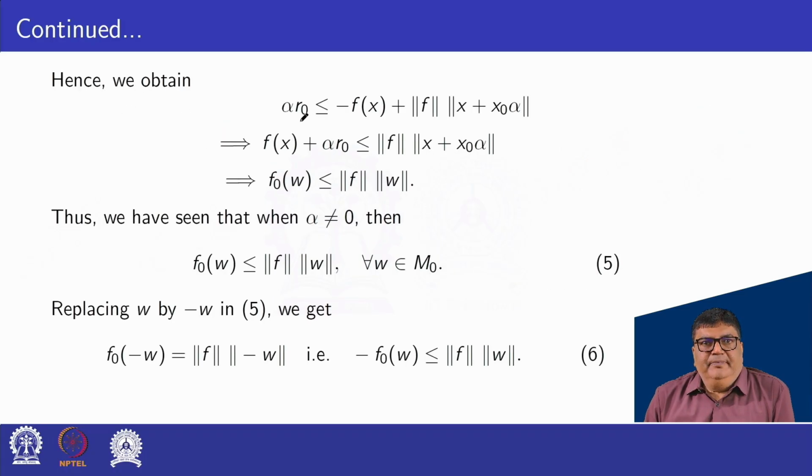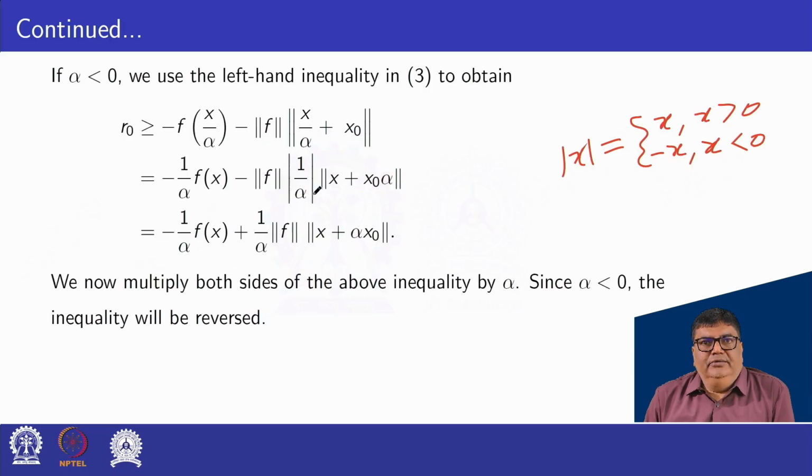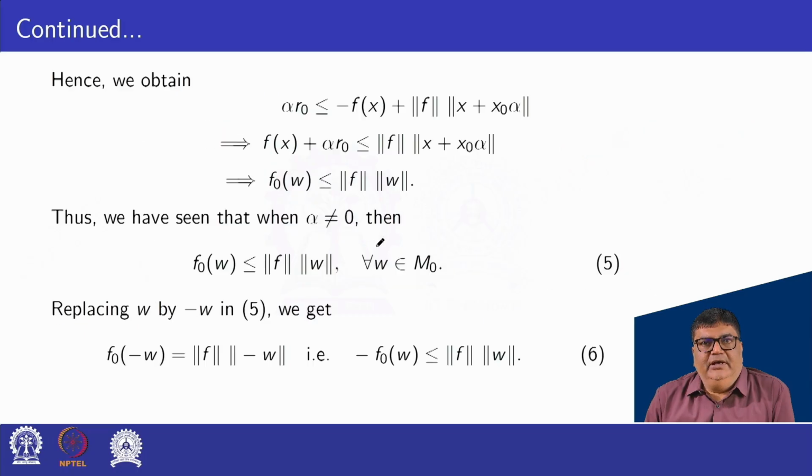Hence we obtain alpha R0 less or equal to minus f x plus norm f into norm x plus alpha x0. Simplifying this, this implies that f x plus alpha R0 less or equal to norm f into norm x plus x0 alpha.